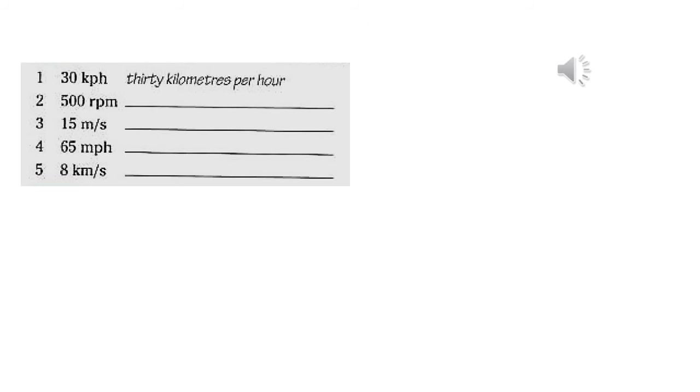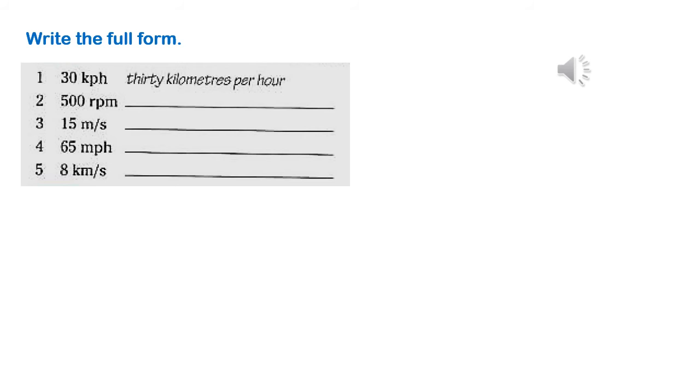Now let's start our next exercise. Okay, as you can see here, these are abbreviations, which means in Arabic اختصارات, 5 abbreviations. We need to write the full form of these abbreviations. How?